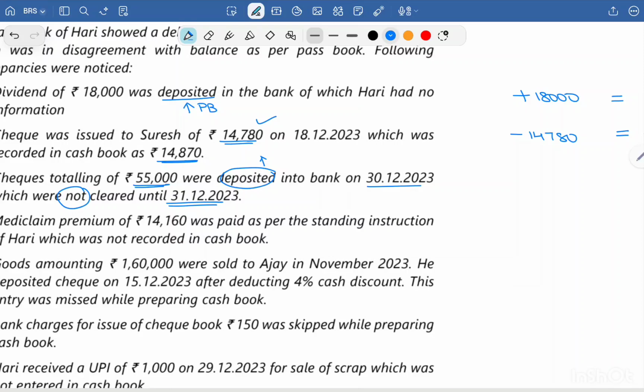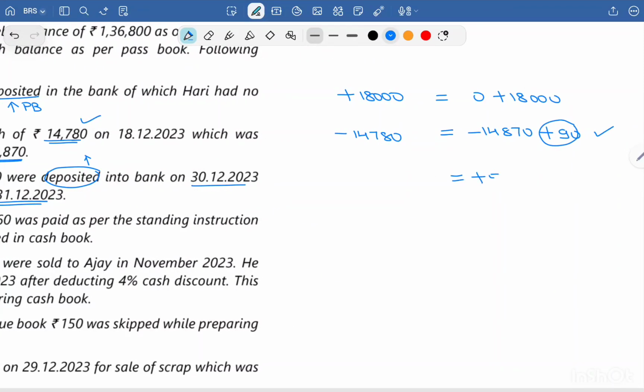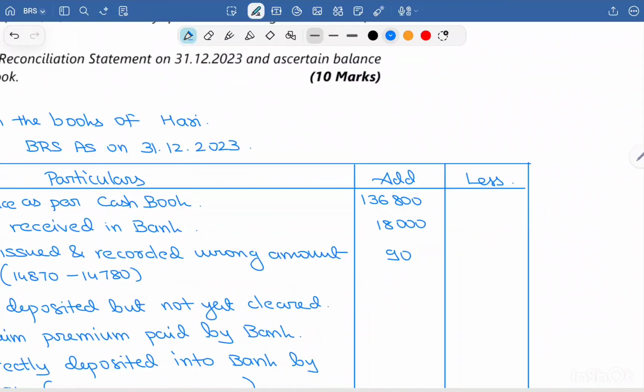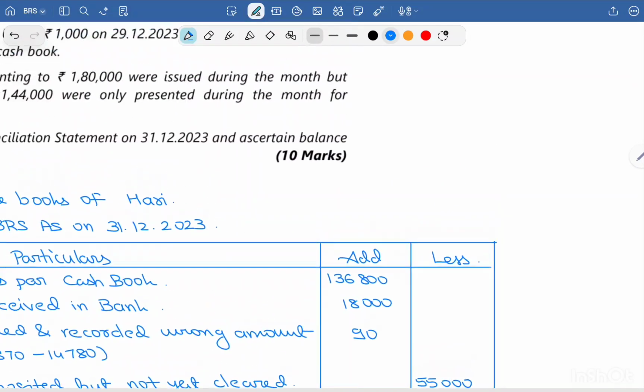So when we deposited, an immediate entry was passed in the cash book, plus 55,000. But no checks were cleared, so passbook there is a plus 0. So to make them equal, cash book has to be reduced by 55,000. So in the less column we will write 55,000.